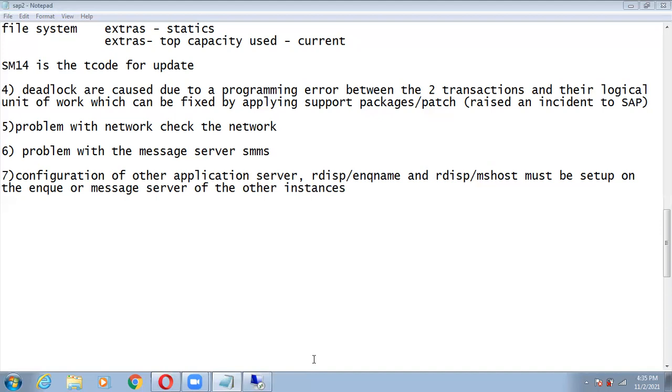Yeah. So this is all about the NQ. So now see, one interview question I will write here about the NQ.